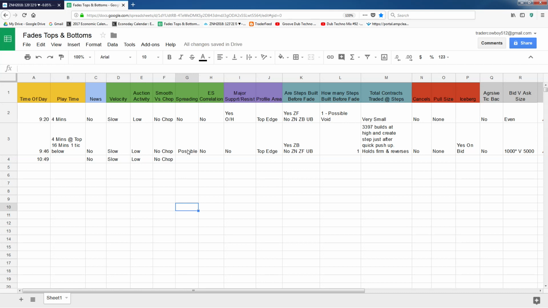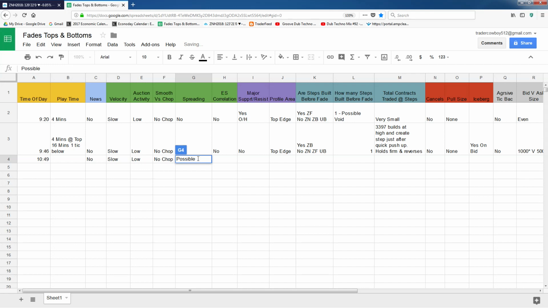Wait. No. No chop. Possible. Unspreading. ZF.